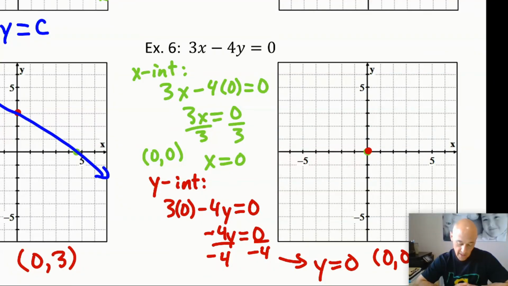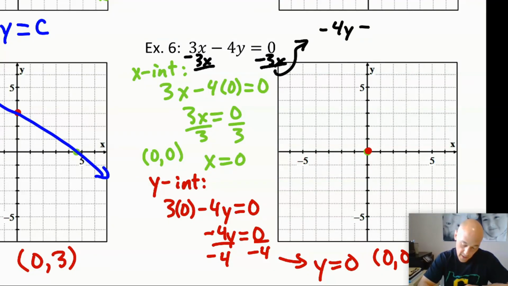because my x and my y intercept are both at 0, 0. So what I need to do is solve for y by subtracting 3x from both sides, and I'll get negative 4y is equal to negative 3x.